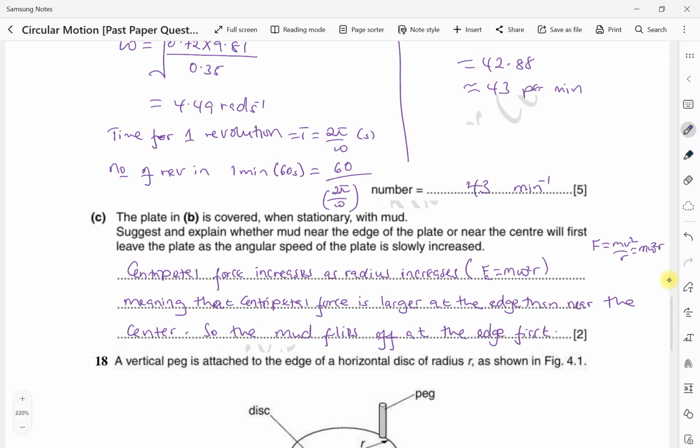So the mud at the edge of the surface will easily fly off compared to that one which is nearer the center.